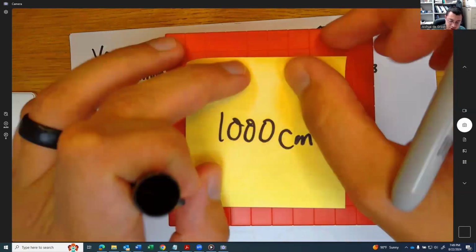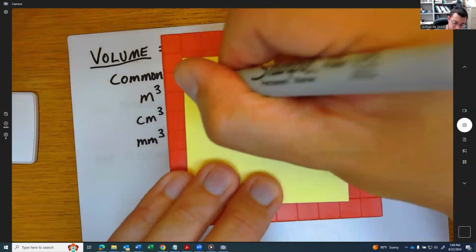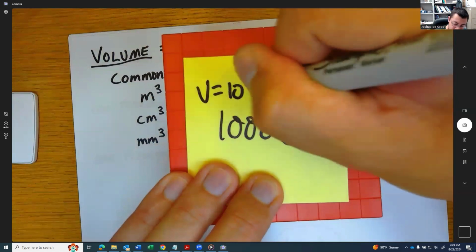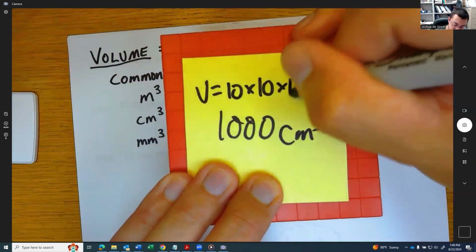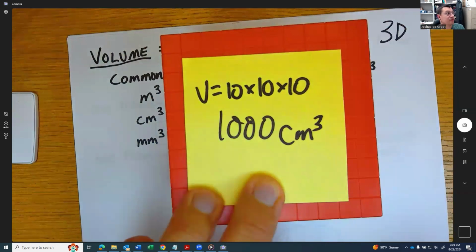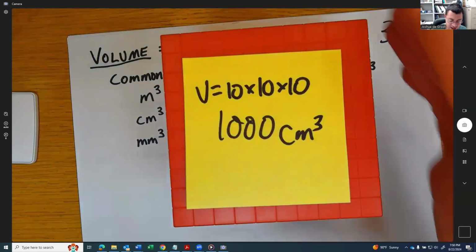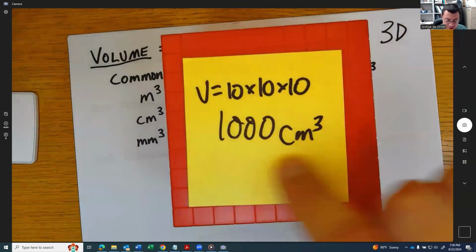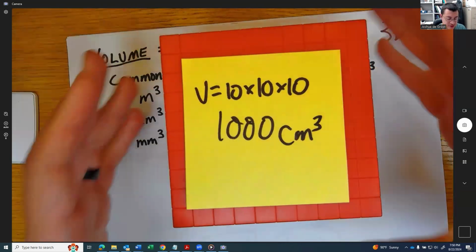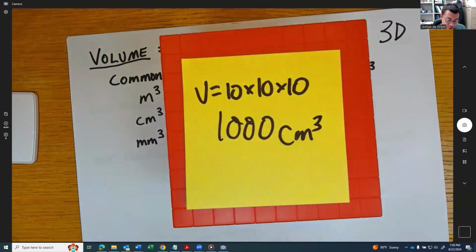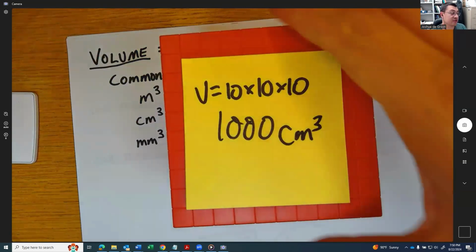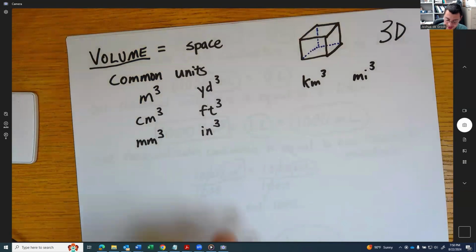This is 1,000 cubic centimeters. We got that volume from doing 10 times 10 times 10 to get that 1,000. And what's special about this block is that these 1,000 cubic centimeters, all of this is equal to another unit of volume that we call liters. This is 1 liter.